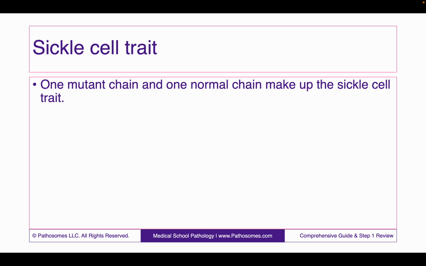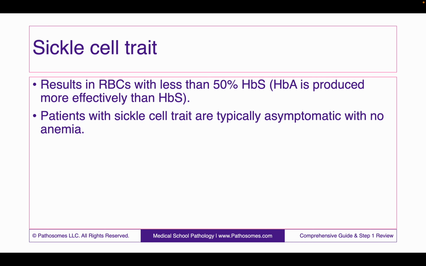One mutant chain and one normal chain make up the sickle cell trait. This results in RBCs with less than 50% hemoglobin S, because hemoglobin A is produced more effectively than hemoglobin S. Patients with sickle cell trait are typically asymptomatic with no anemia.